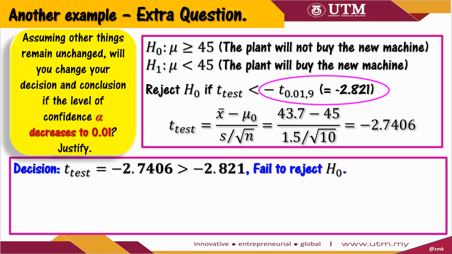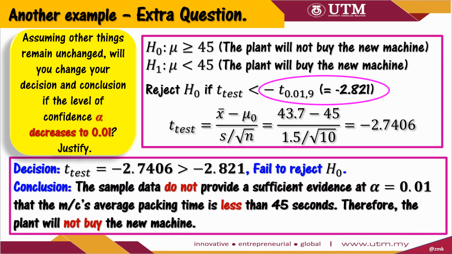The conclusion is then, the sample data do not provide sufficient evidence at alpha equal to 0.01 that the new machine's average packing time is less than 45 seconds per carton. Hence, the packing plant will not buy the new machine.